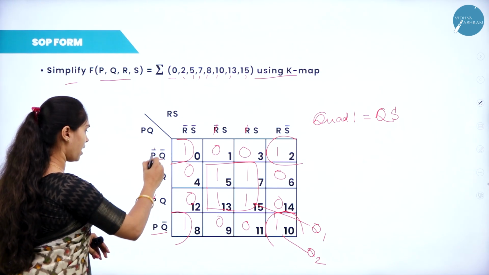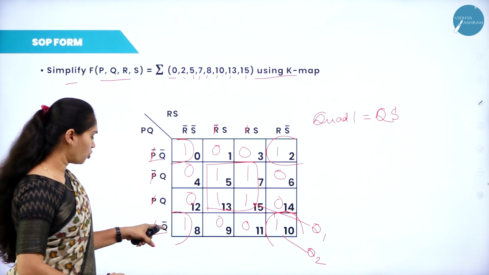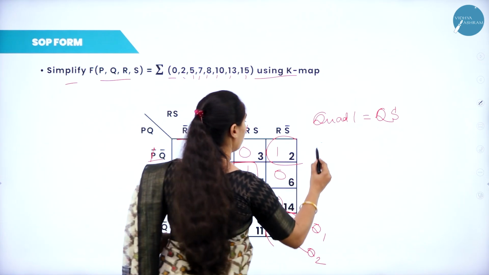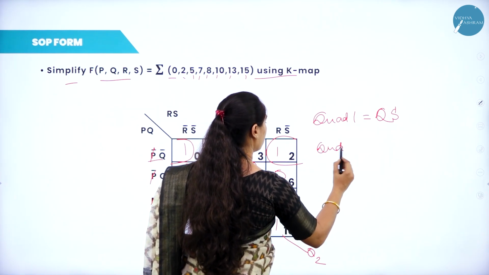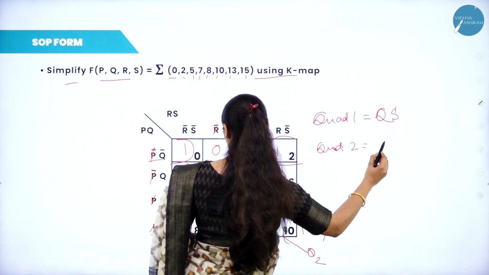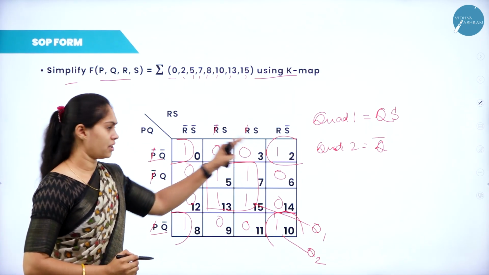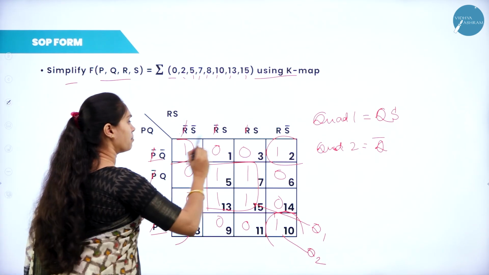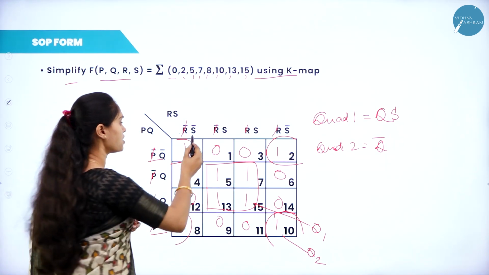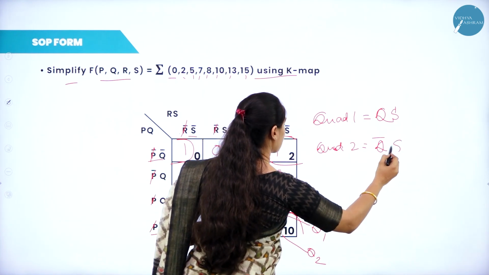So at that time P bar and P will going to be cancelled. Q bar will be the common variable for row, that is quad 2 is equal to Q bar. Fine. Next, let me consider the column here. I have to consider 2 columns. One is R bar and R will going to be nullified. So the common variable will be S bar.